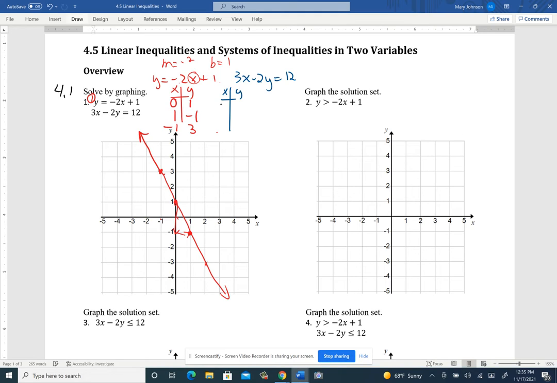When I put a 0 in for x, I'd get 3 times 0 minus 2y equals 12. So when I divide both sides by negative 2, do you see how y would be negative 6? Then I'm going to put the 0 in for the y, and I'll have 3x minus 2 times 0 equals 12, and so x would be 4.